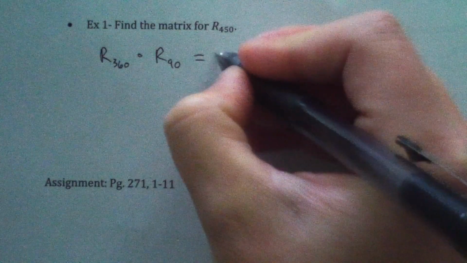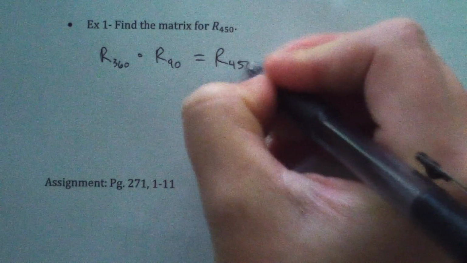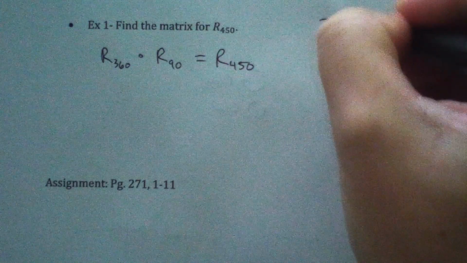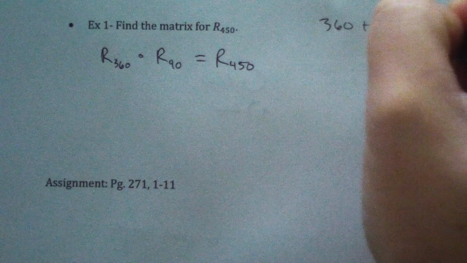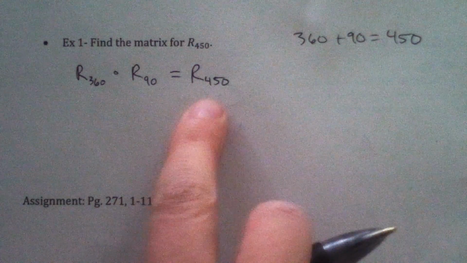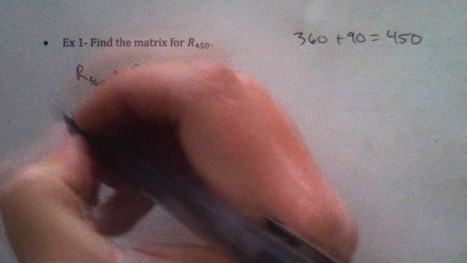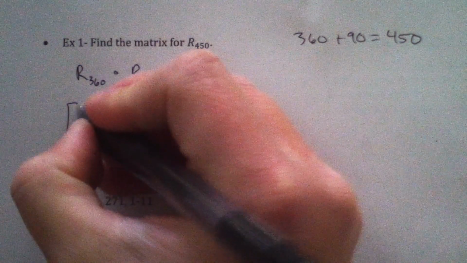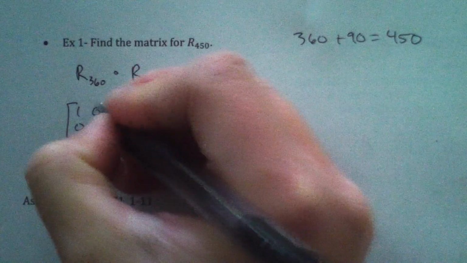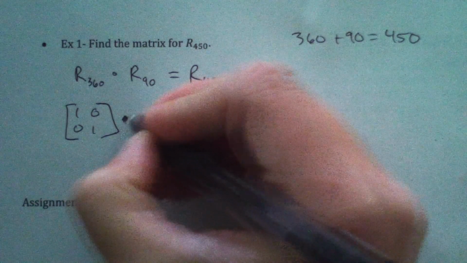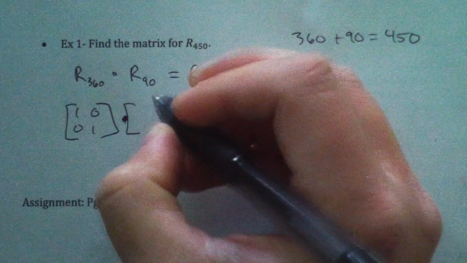And that one would be 0, 1, negative 1, 0. Then I go second quit again, and I would just multiply those two. So second matrix, it'd be your A times your B. Hit enter, and it'll kick out the matrix we need. The matrix it kicks out is 0, 1, negative 1, 0.